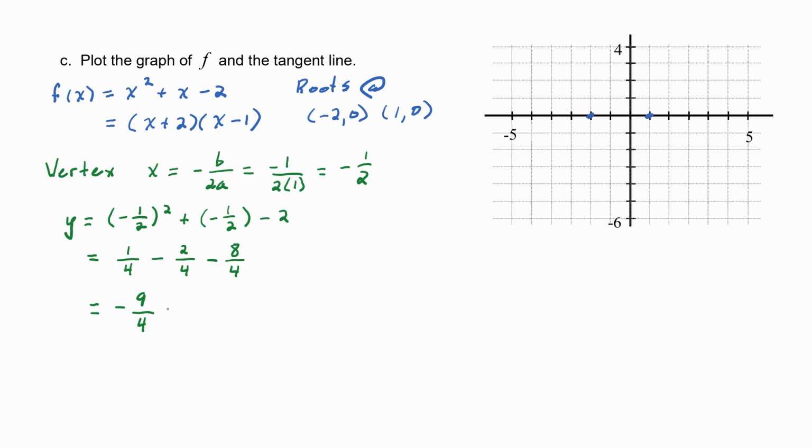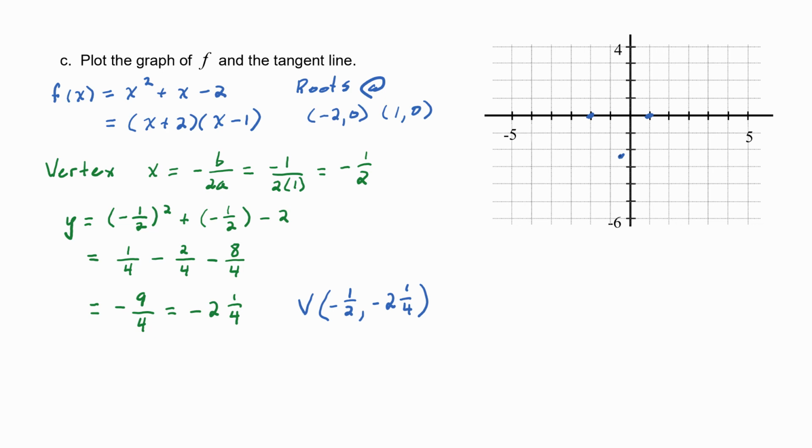So now we know the y-coordinate of the vertex is -2 1/4. So our vertex is going to be at (-1/2, -2 1/4). So if we come to our graph, over to -1/2, down to 2 1/4, here's the vertex.